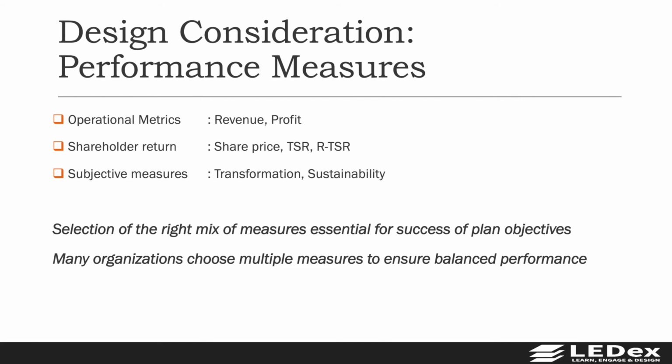You could definitely have operational metrics like revenue, profit, shareholder return metrics like share price, total shareholder return, TSR, or relative TSR, which are quite common in LTI programs which have performance linkage. You could also have subjective measures like aspects of transformation, sustainability. What is important to consider is the right mix of measures that need to be used so that a balanced perspective is provided on the performance that is expected and linked to the award of this LTI program.